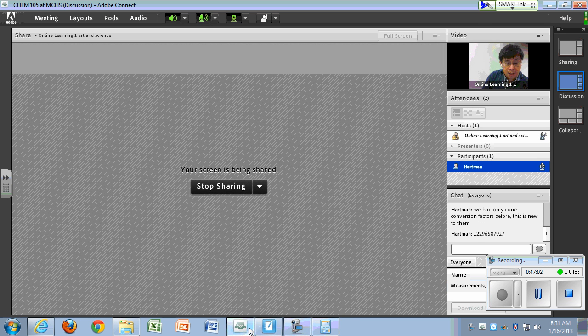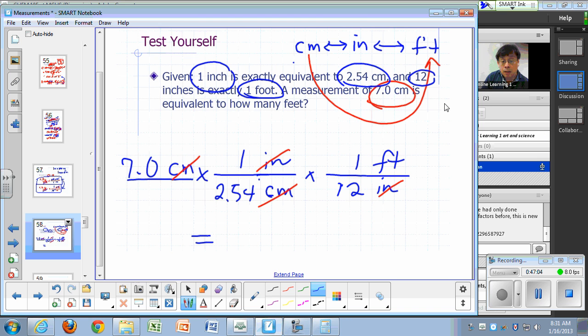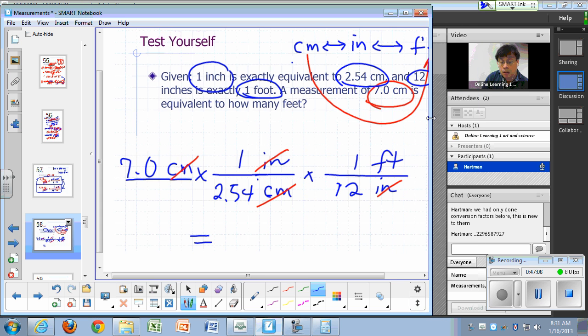Okay, so it's 0.229658, and so on, 7927. How many sig figs should I keep in my answer? Two sig figs.